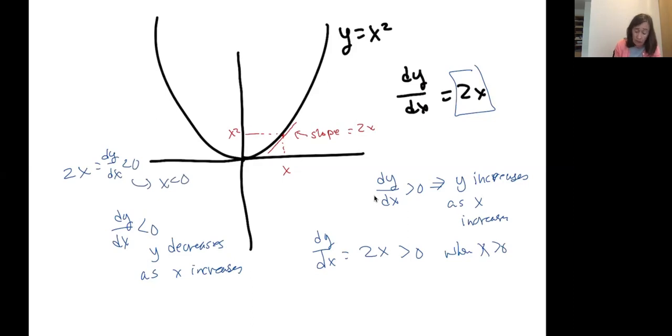This function is decreasing here when x has a negative value and increasing when x has a positive value. The function itself, f of x, always has positive values. It's a square, after all. It can't be negative, and we see that too. All the y values are above the x-axis. They're all in this positive range here. So the function itself always has positive values. The derivative has positive values where the function is increasing and negative values where it's decreasing.